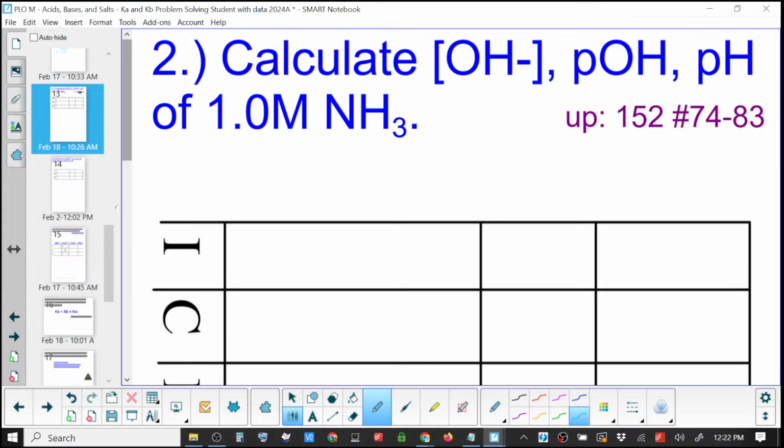Everyone made this. Come on, everybody. That's KW. Show your calculations of anything you calculated. It says the K is very small.